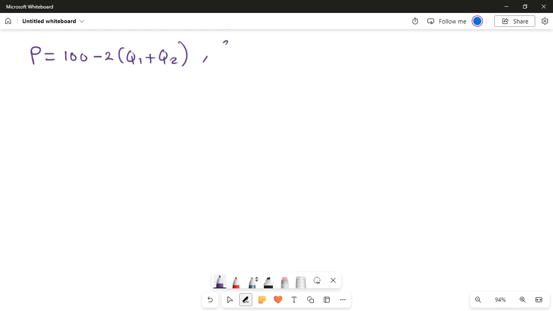So we know that Q1 is 16 and then Q2 is 12, right? So just replace. So it's going to be 100 less 2 open bracket 16 plus 12, right?